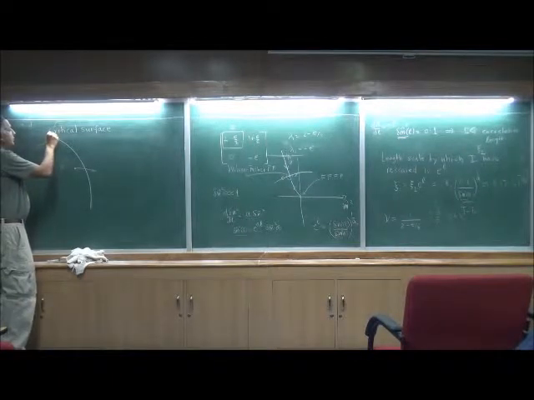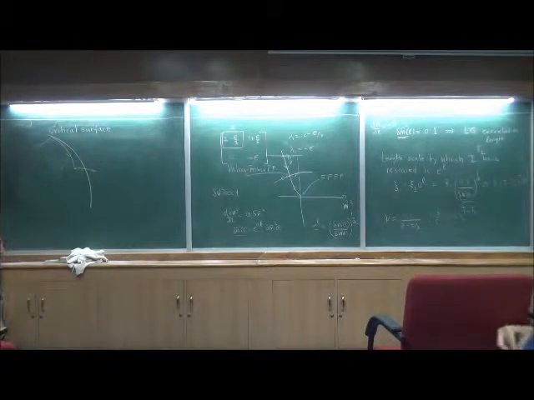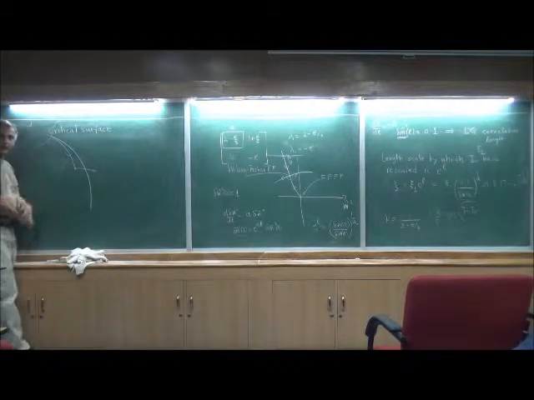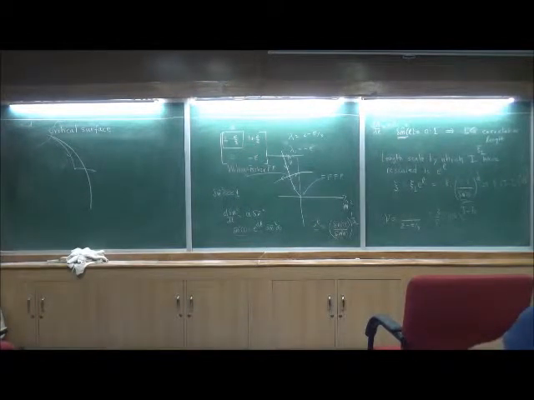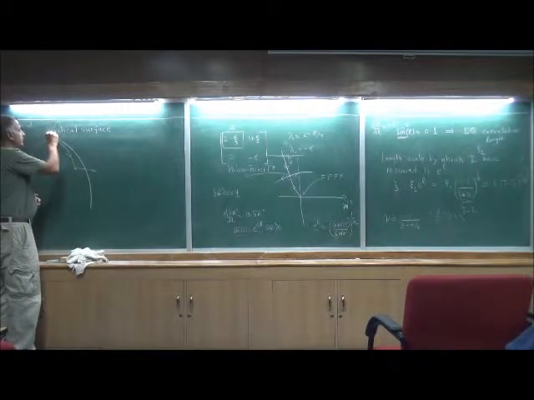Now, if you're sitting exactly here, then there is some irrelevant direction that will take you into the critical point. And the argument is that this is going to take some finite amount of RG time, and then you'll be very close to this guy. So most of the time, if you are slightly away from the critical point, as you flow, you will flow here.